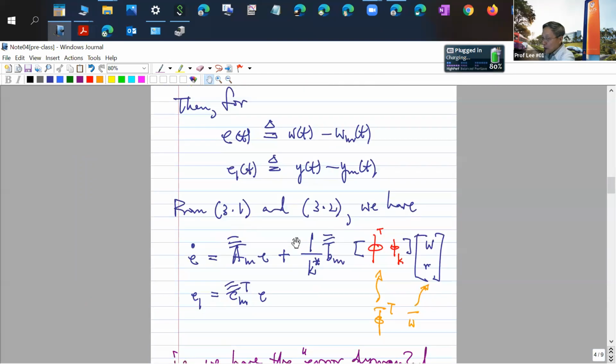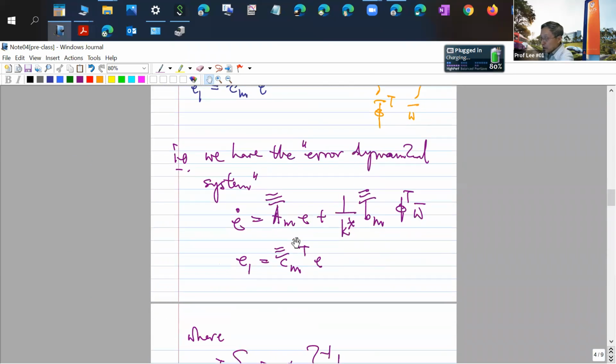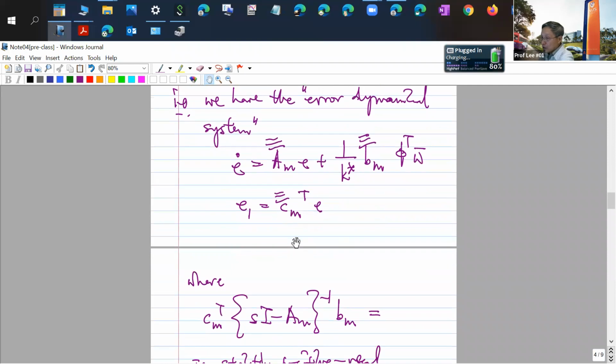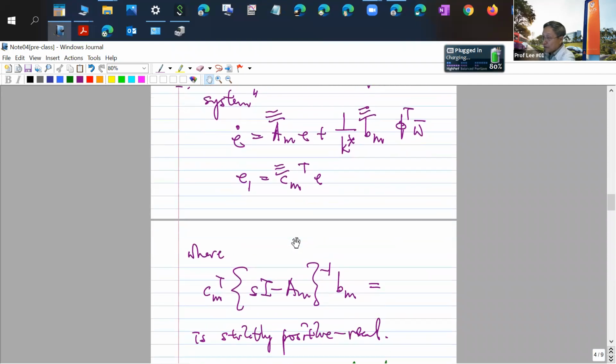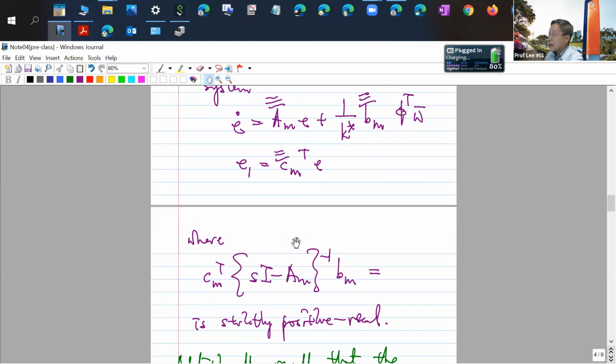So as a triple, they form the reference model, and now if you compute out the transfer function of this triple, the computation is straightforward.